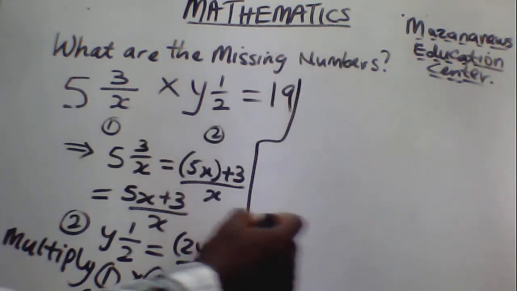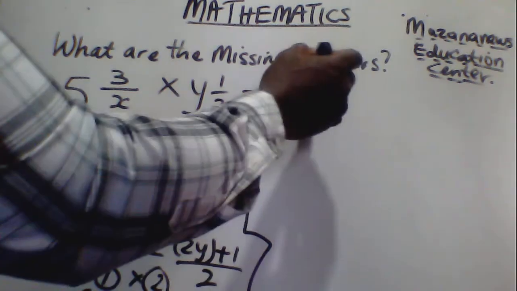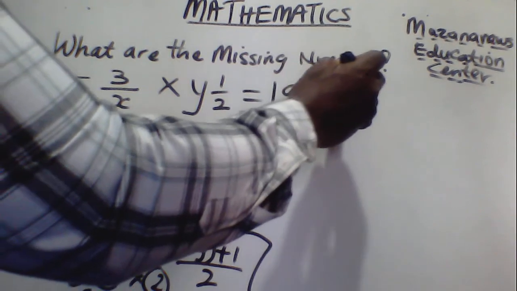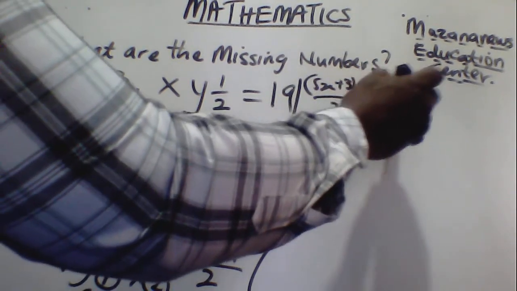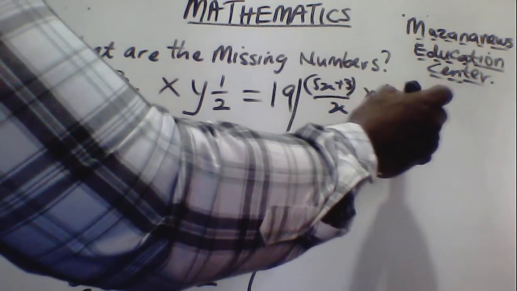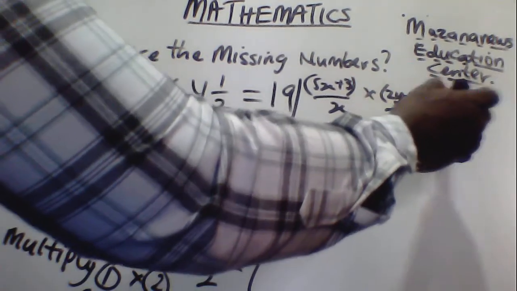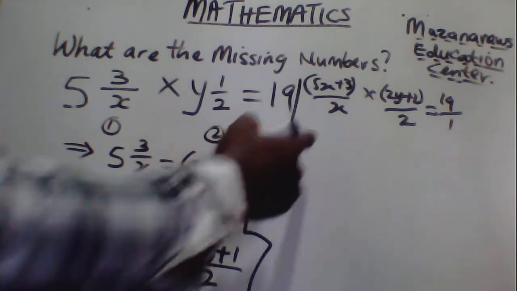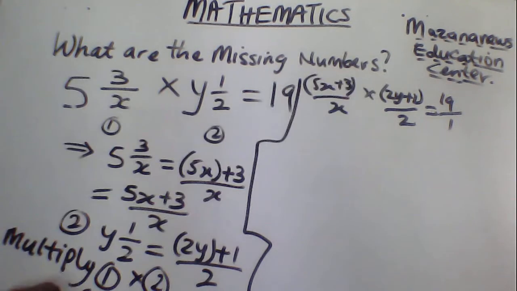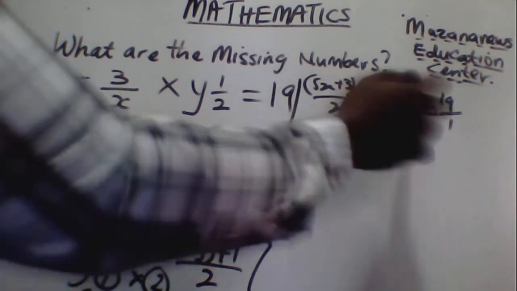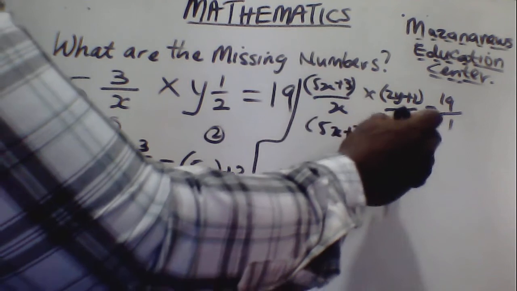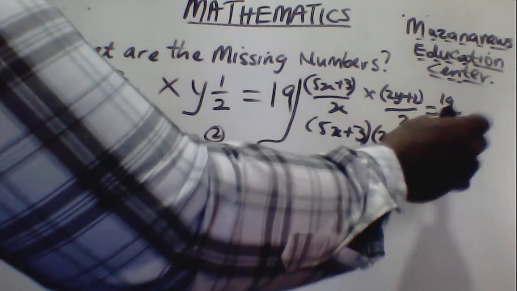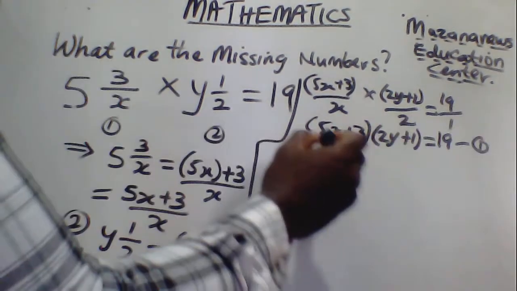Let me bring it very clear: the equation 5x plus 3 over x multiplied by 2y plus 1 over 2 is now equal to 19 over 1. So equate numerator by numerator, denominator by denominator. So from here we have 5x plus 3, 2y plus 1 is equal to 19. I can call this equation 1.